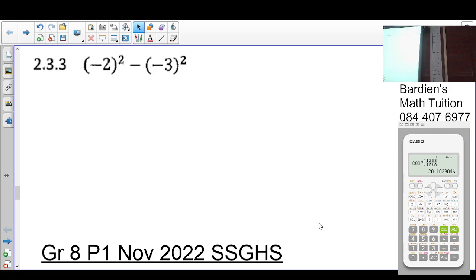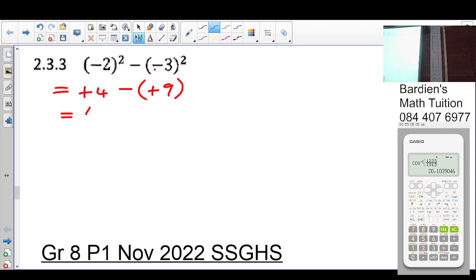So let's apply the square. So negative 2 squared is positive, 2 squared is 4, minus negative 3 squared is positive, 3 squared is 9. So it's 4. Positive times negative is negative 9. 4 minus 9, negative 5. You all agree with that?